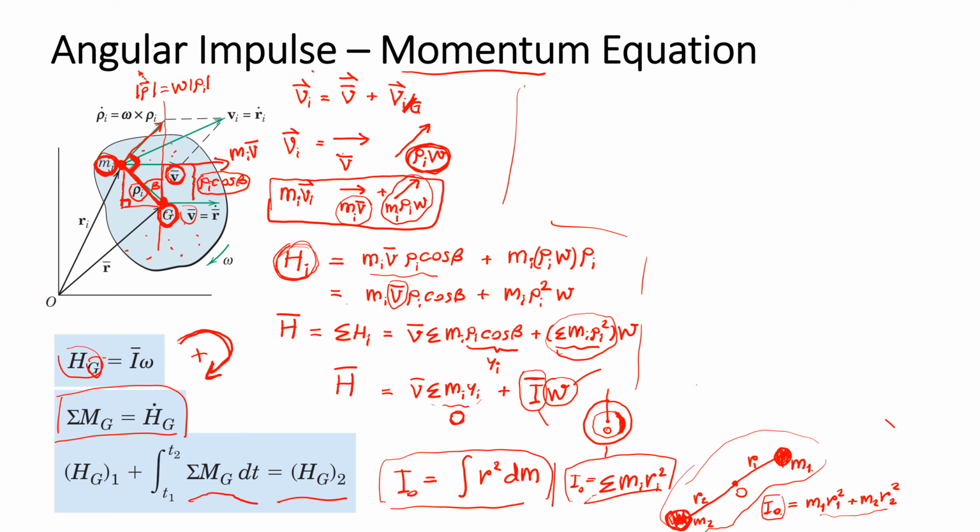Actually, the summation mi rho I square is defined as the moment of inertia, but here the rho I is measured with respect to the point G. So now we are talking about the moment of inertia about point G. So we have the bar, and we have I bar here.